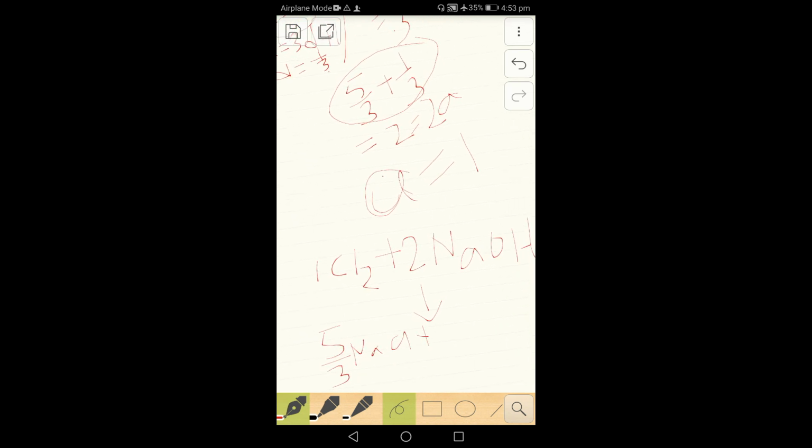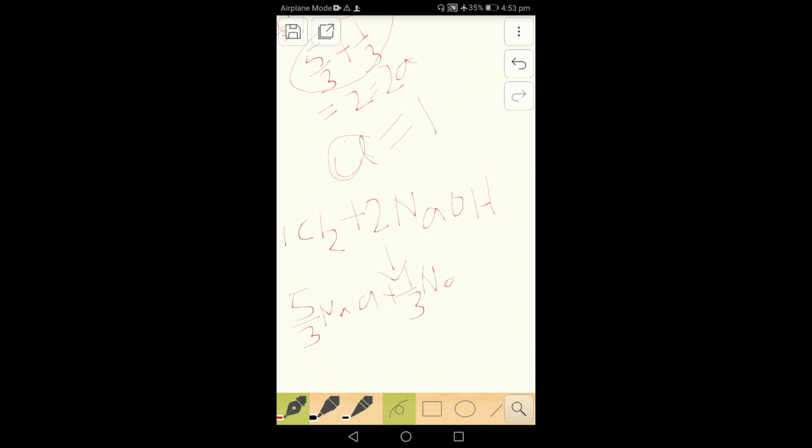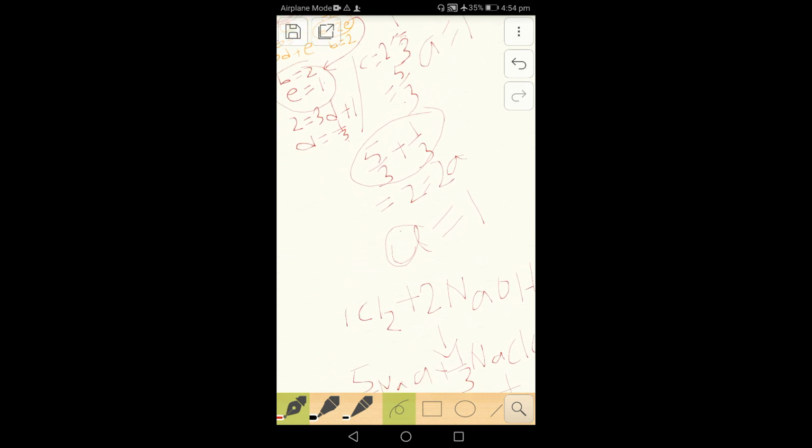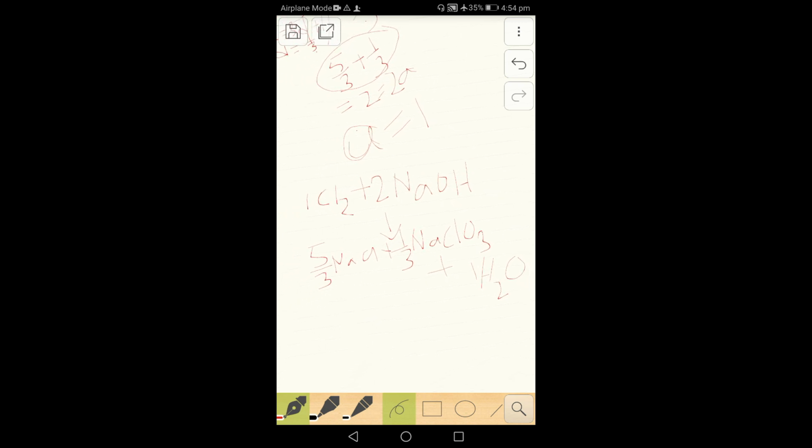The value of D is 1 by 3 NaClO3 plus, then E, the value of E is 1, then we have 1 H2O. Okay, so this is our reaction balanced already.